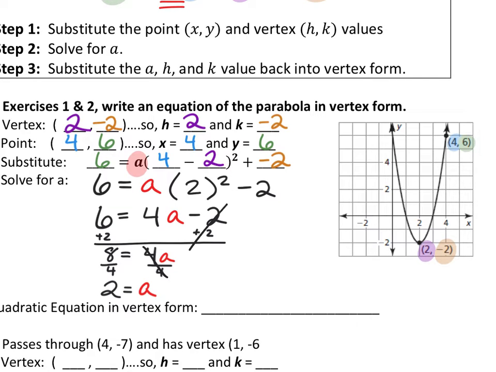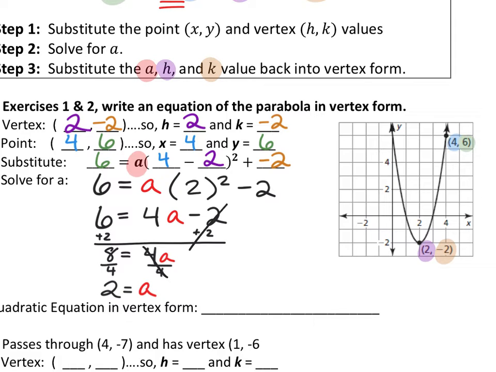Fabulous. We have done steps 1 and 2 from the top of this page. Step 3 says to substitute what 3 letters? A, H, and K. Great. Back into the regular vertex form, which means we're going to leave x's and y's in our vertex form.